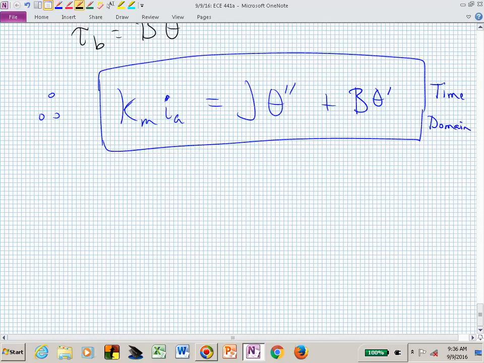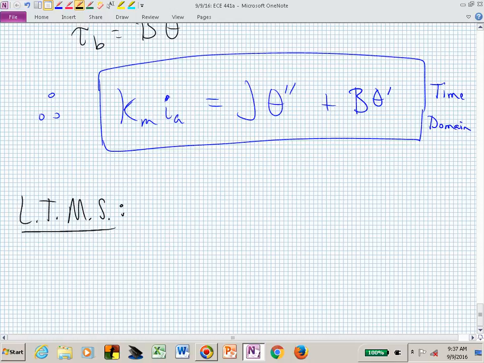If we Laplace transform the mechanical side, what happens to that time domain equation? That's what LTMS means if you're texting. LTMS. Laplace transform the mechanical side.